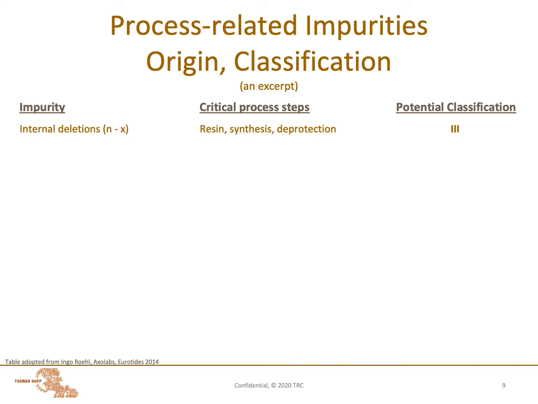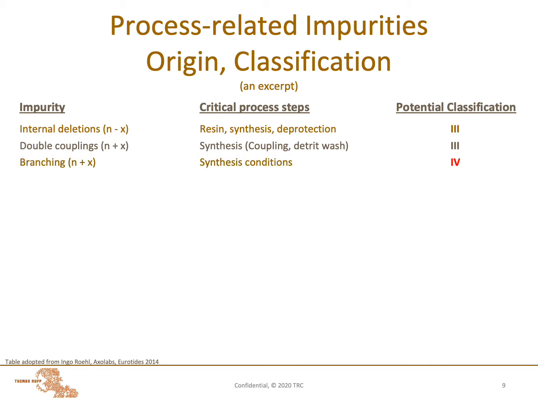Potential classification would be a class 3. Double couplings, these happen during the synthesis, during the coupling step, or if the detritylation wash step is not sufficient. They are also, according to the categorization table, potentially class 3.